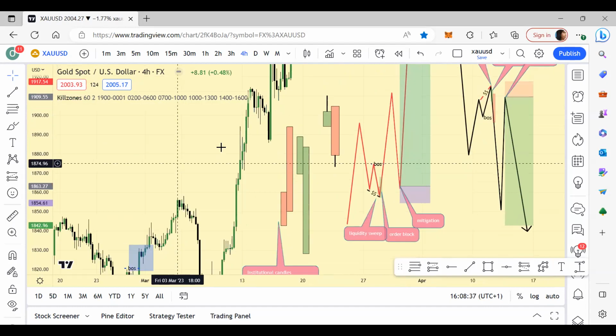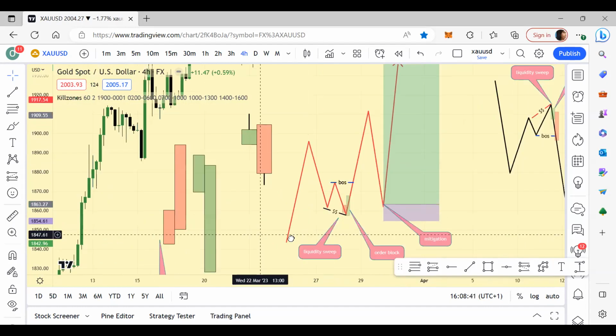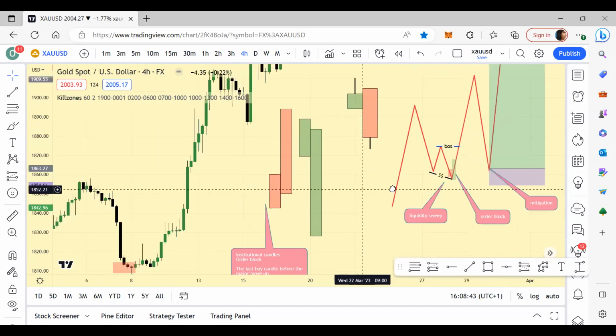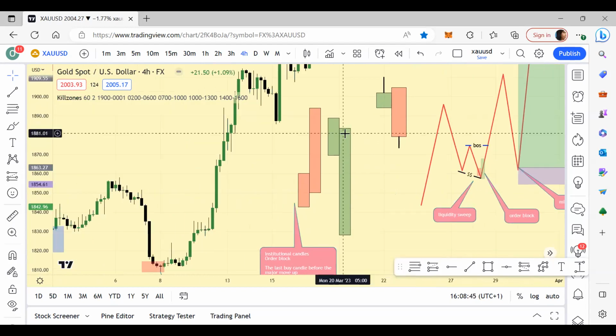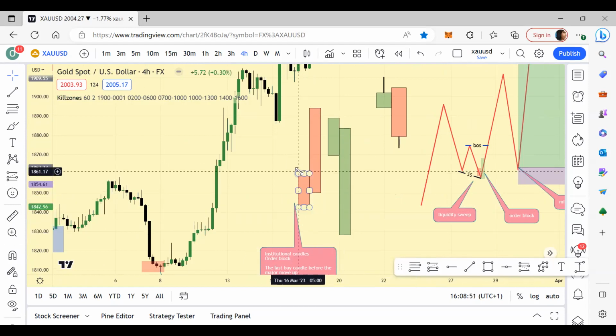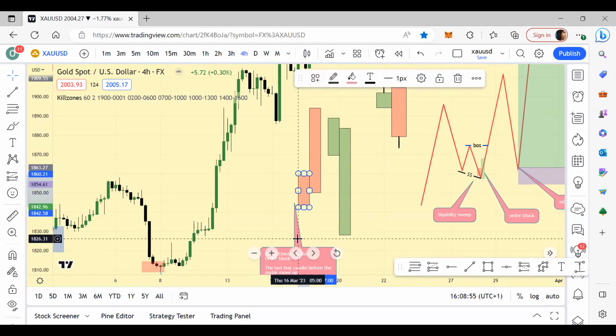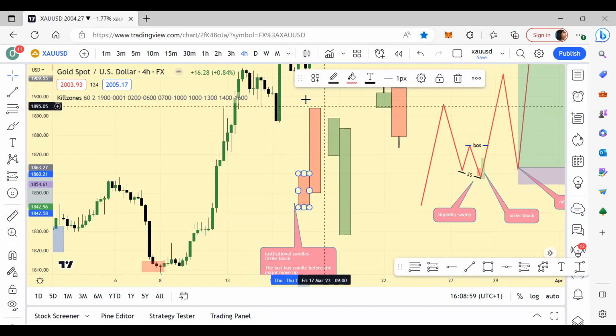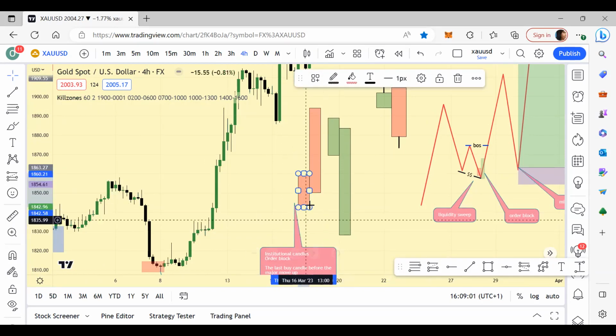Just before I show you what it looks like on a chart, typically, and I say typically because there are different forms of order blocks, you have order blocks that look like this. Basically, you have an order block with a small body and a big body, if that makes sense.